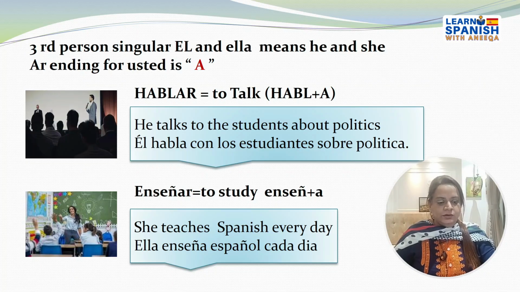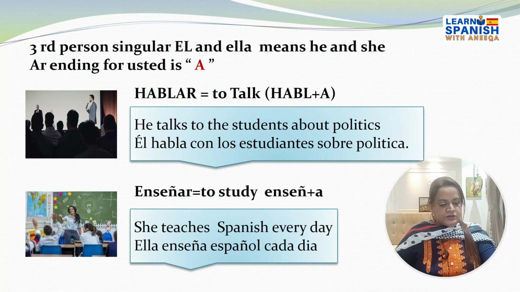Now the stem, can you see, it is HABL and the AR ending is removed and the conjugation of the third person singular, that is A, is added, to make he talks, él habla, to the students about politics. Él habla con los estudiantes sobre política.